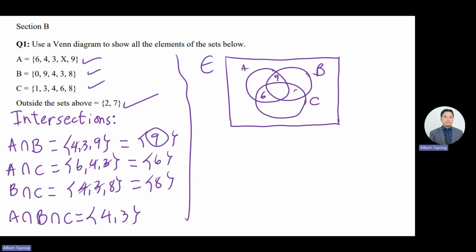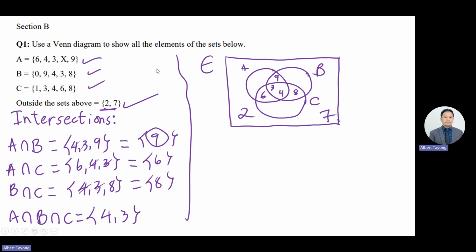And 8 is B intersection C, this part. And 4 and 3, that's for 3 sets. It's gonna be here. 3 and 4. Okay. So 2 and 7 outside.